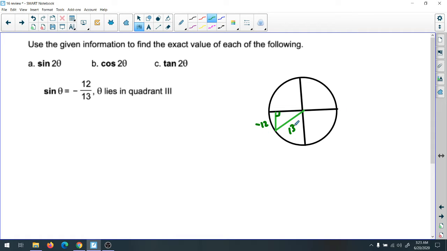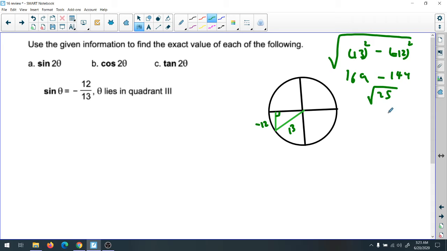Use the Pythagorean theorem: square 13, then square negative 12, subtract, and then take the radical. 13 squared is 169, and negative 12 squared is 144. If you subtract that, it will be 25, then the square root of 25 is 5. So this will be 5, but actually it's negative 5 because it's in the negative direction.